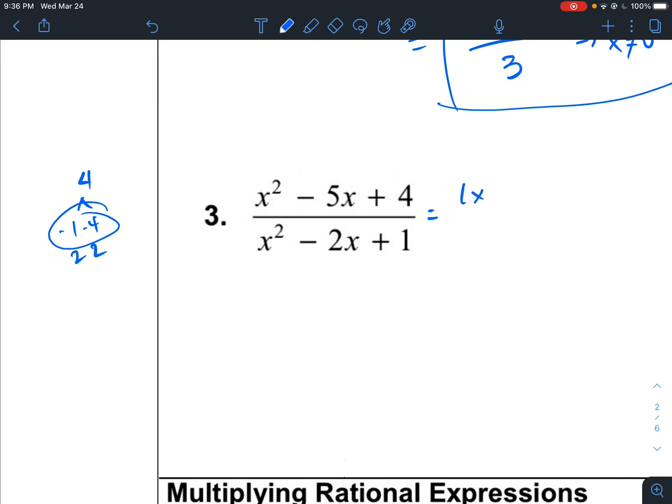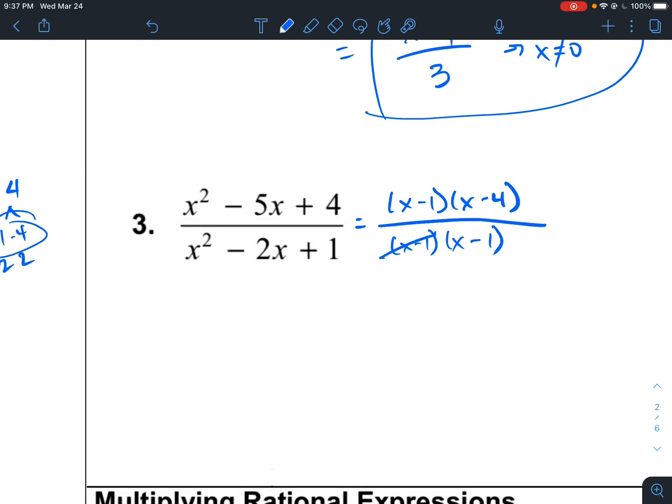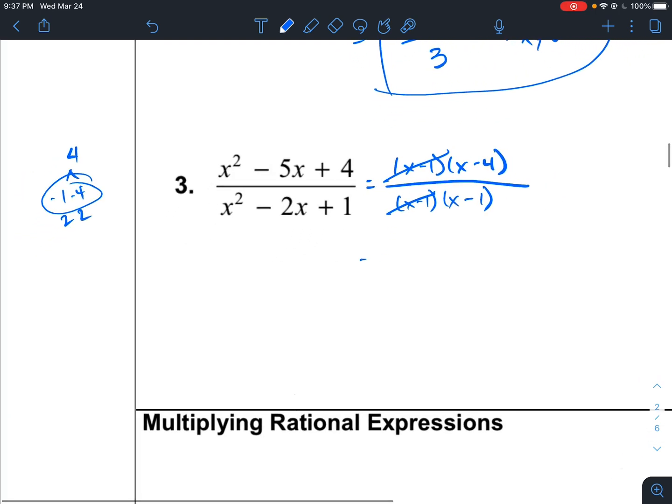So x minus 1 and x minus 4 divided by, and then here factors of 1 that add to be negative 2, that would just have to be x minus 1 times x minus 1. And then you see that we have a factor of x minus 1 in common in both the numerator and the denominator. So you'll be left with x minus 4 divided by x minus 1.